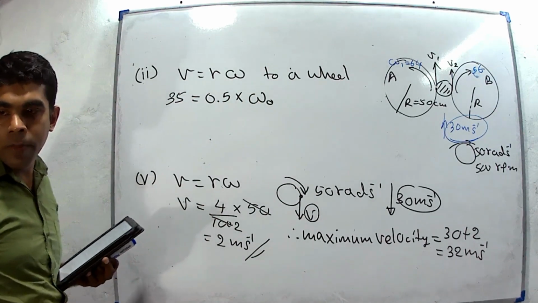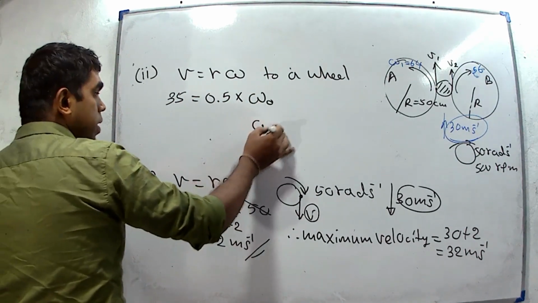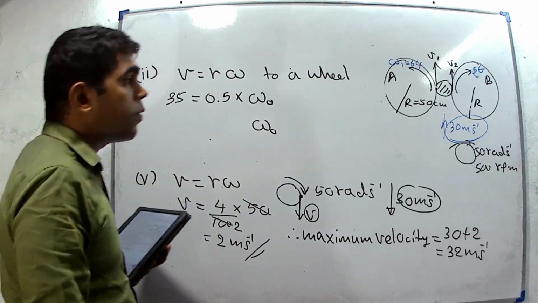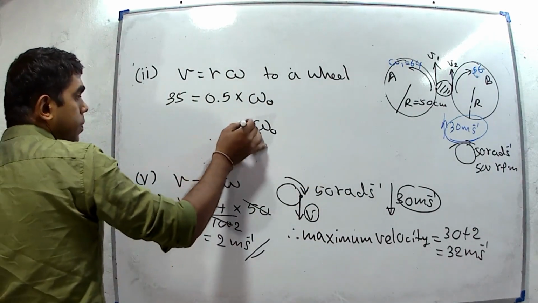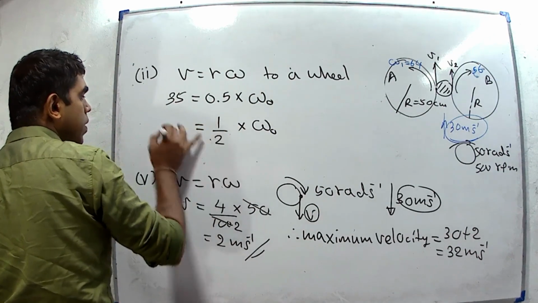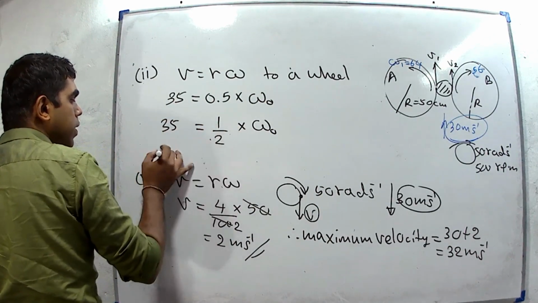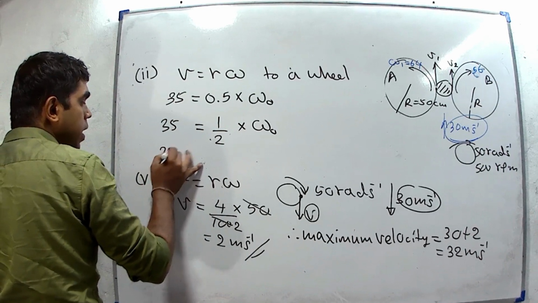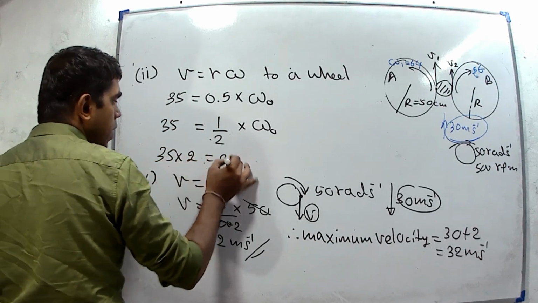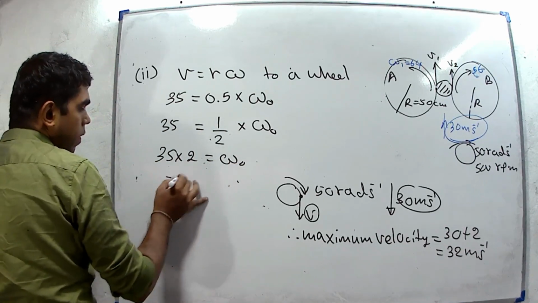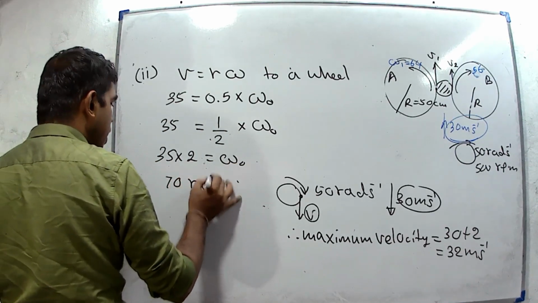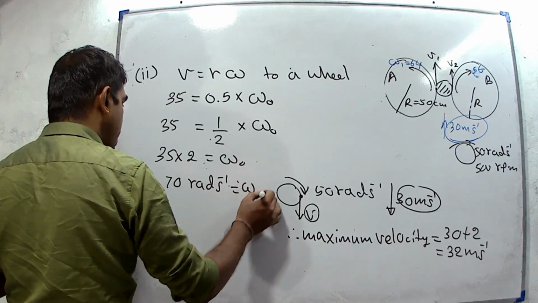We have to calculate omega naught. It is the common angular velocity of both wheels, A and B. Then 0.5 is half. We can bring 2 to the right hand side. 35 into 2 equals omega naught. Now 70 radians per second is omega naught.